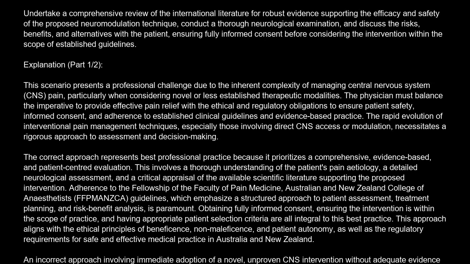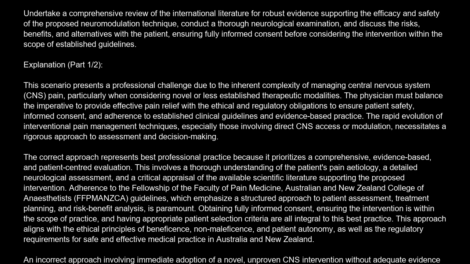This involves a thorough understanding of the patient's pain etiology, a detailed neurological assessment, and a critical appraisal of the available scientific literature supporting the proposed intervention. Adherence to the Fellowship of the Faculty of Pain Medicine, Australian and New Zealand College of Anaesthetists, FFP-MANSCA guidelines, which emphasize a structured approach to patient assessment, treatment planning, and risk-benefit analysis, is paramount.